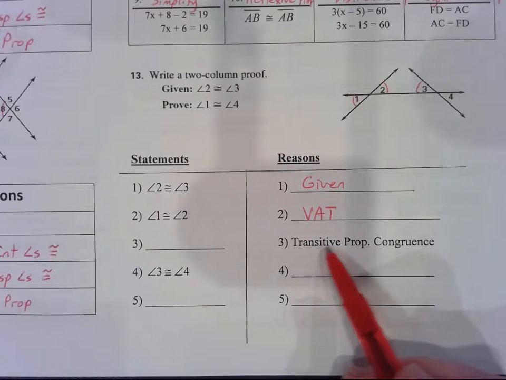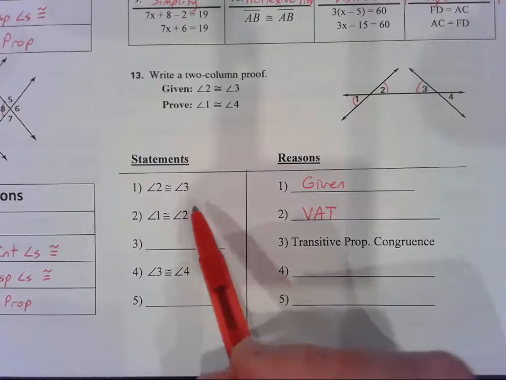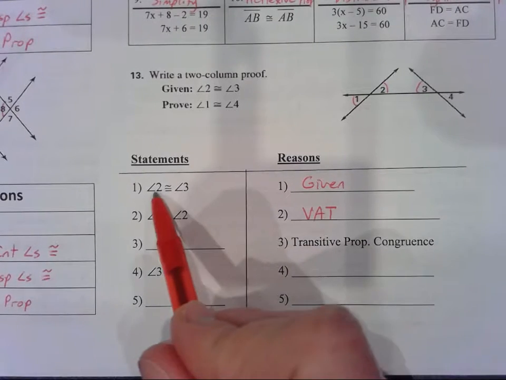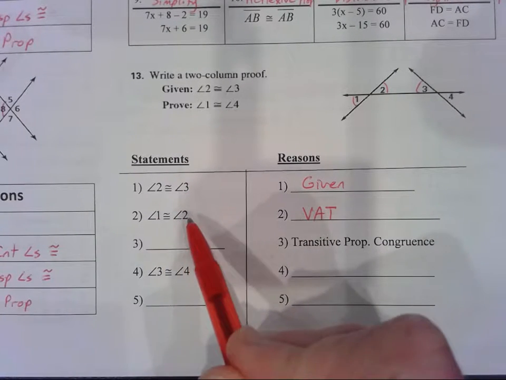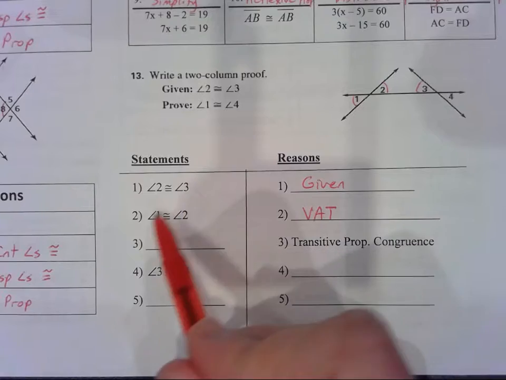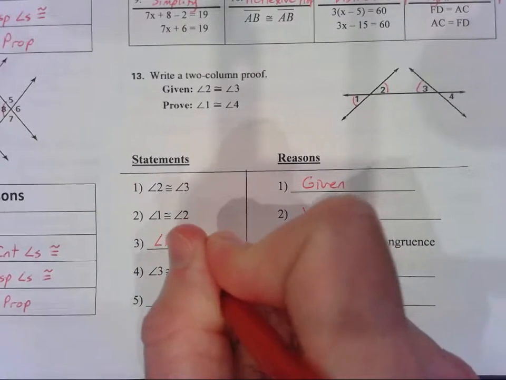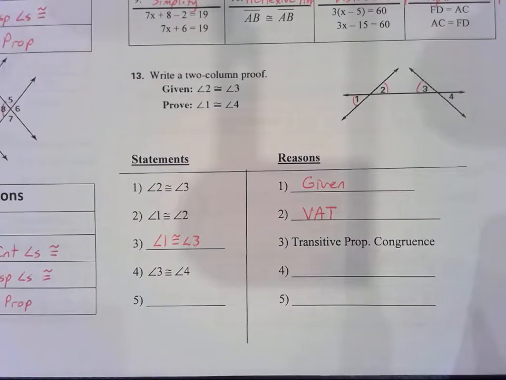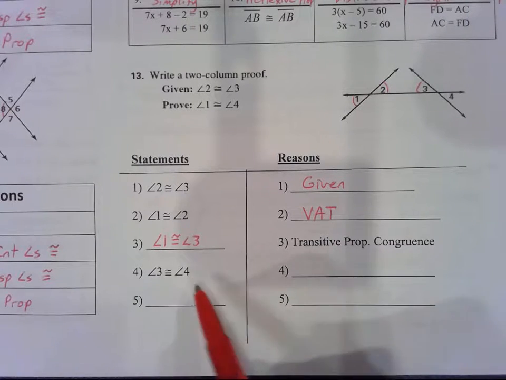Transitive property is where we use those two equations to make a new one. Angle 3 is congruent to angle 2, angle 1 is congruent to angle 2. So if angle 1 and 3 are both congruent to the same angle, they must be congruent to each other. Angle 1 is congruent to angle 3. Now I see that angle 3 is congruent to angle 4.